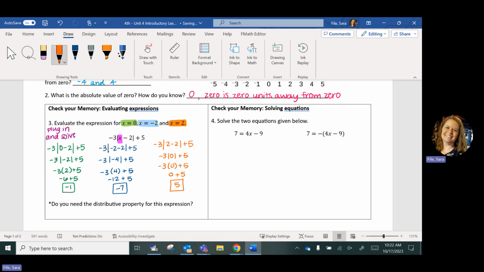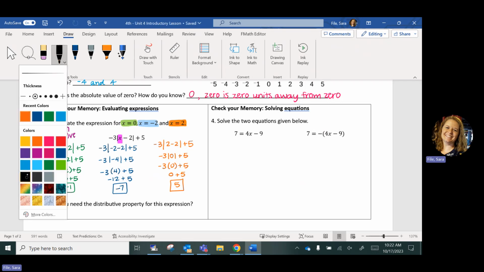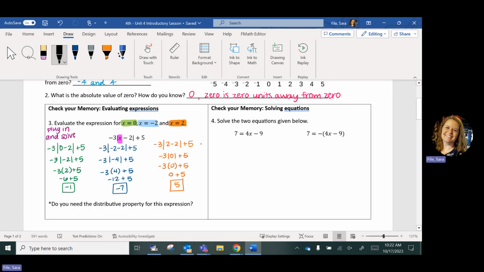So again, I wrote that out, 1, 2, 3. I did 5 lines for each of these. I do not expect you to do that every single time. I would expect to see this first step, where you write what we're doing with the value plugged in.